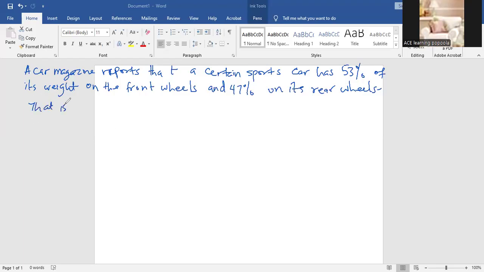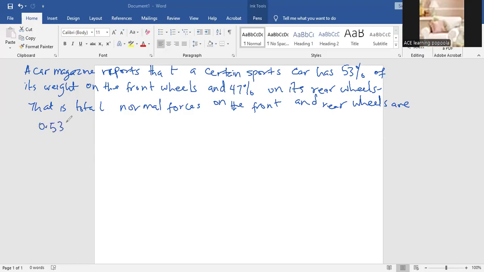That is, the total normal forces on the front and rear wheels are 0.53 W and 0.47 W, respectively, where W is the car's weight.